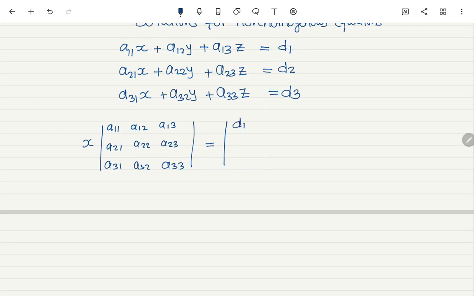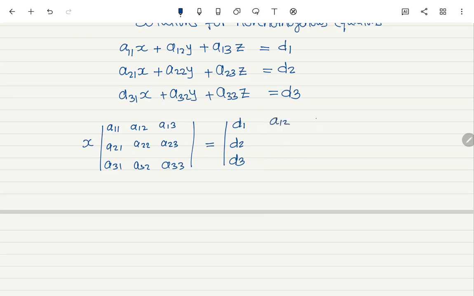It's d1, d2, d3 in the first column, and the other columns are a12, a13, a22, a23, a32, a33. This is the same as before, because if we subtract, you will get 0. Therefore, you keep d1, d2, d3 in the same column here.